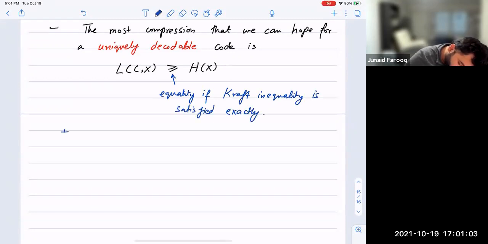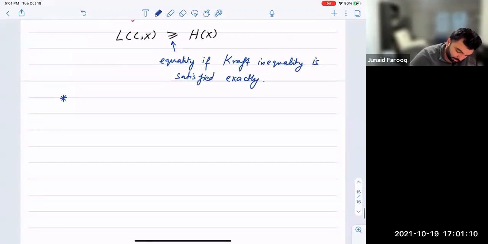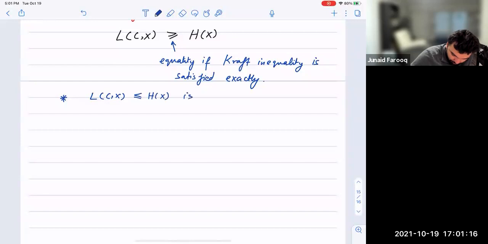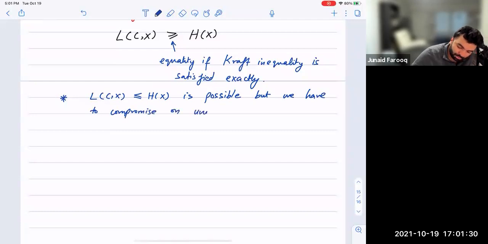Okay, and also note that L(C,X) less than H(X) is possible, but we have to compromise on unique decodability, right?